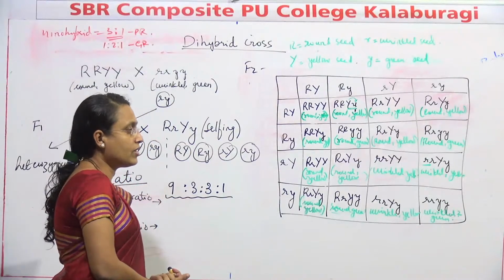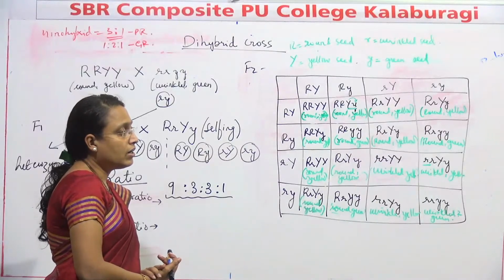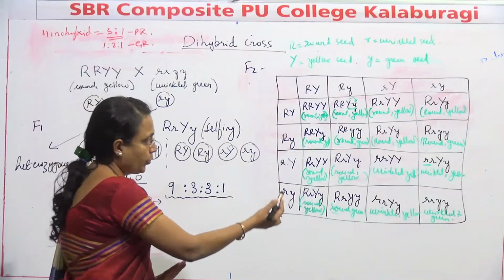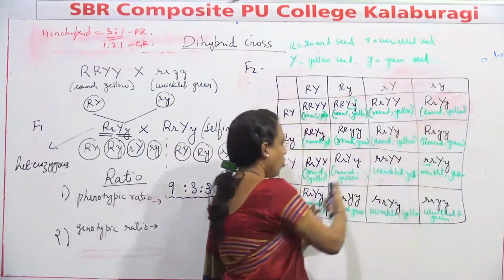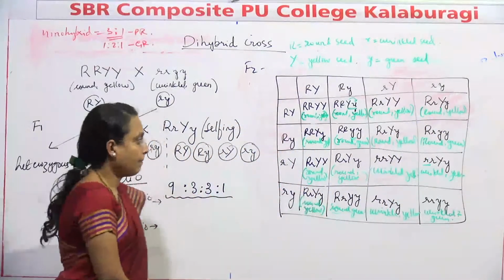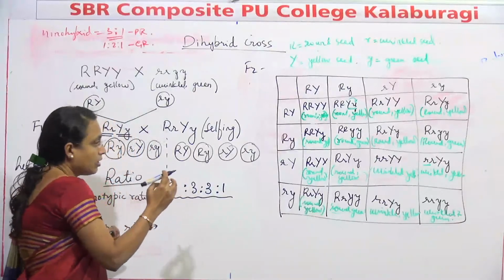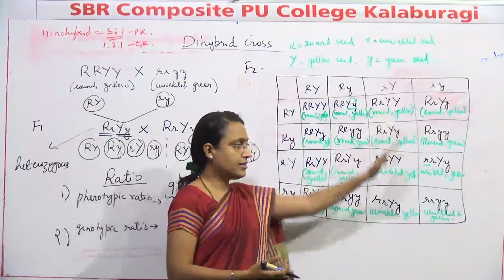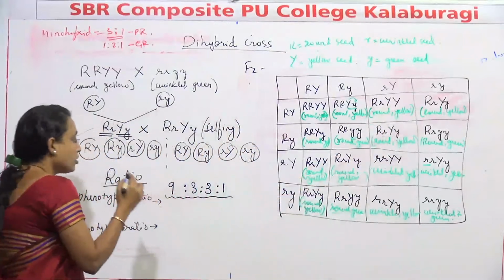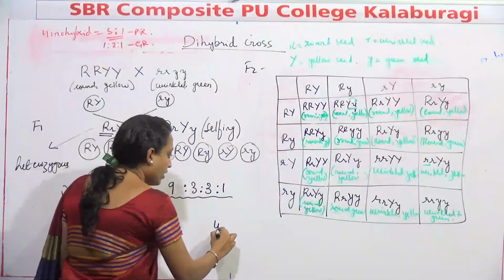Now for the genotypic ratio, you have to identify similar genotypes here. In the diagonal, the genotype is exactly the same. That is the heterozygous condition, so that will be 4 in number.